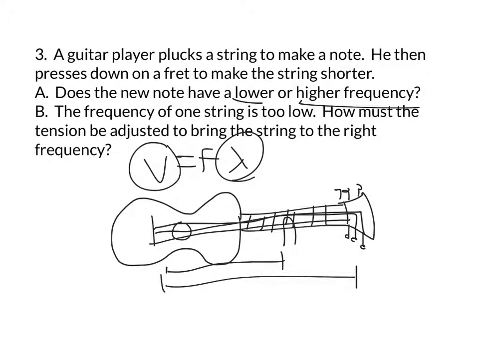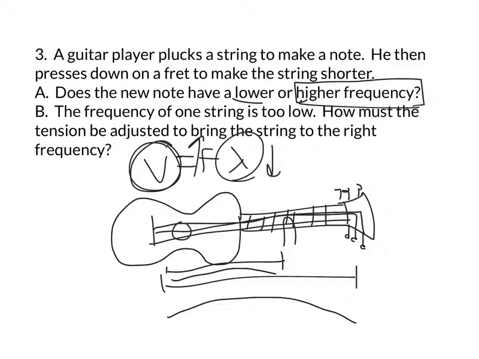Unless he's going for overtones, he's going for the fundamental harmonic every time he plucks the string. So the original wave was like this, and the new wave is only like that. So we've shortened the wavelength. Well, if the speed stays the same and lambda goes down, the frequency goes up. Those are inversely proportional to each other. So we would get a higher frequency because we had a shorter wavelength.